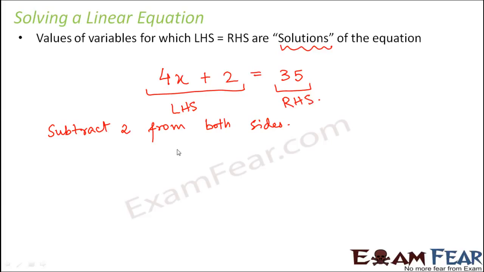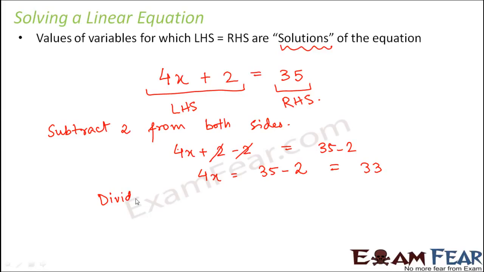So when you subtract 2 from both sides, this becomes 4x plus 2 minus 2, and this becomes 35 minus 2. Here plus 2 minus 2 cancels out, so we get 4x is equal to 35 minus 2. 35 minus 2 is nothing but 33. So we got the value of 4x, but we want the value of x. For that, we can divide by 4 on both sides.